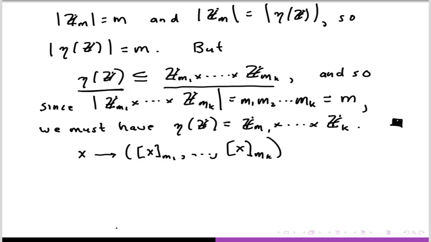Well, if it's an onto mapping, that means if you hand me any object in this Cartesian product, so say you hand me an a1 mod m1 and ... an ak mod mk, that there will exist some x that gets mapped to that object.